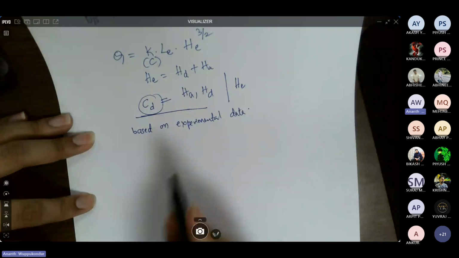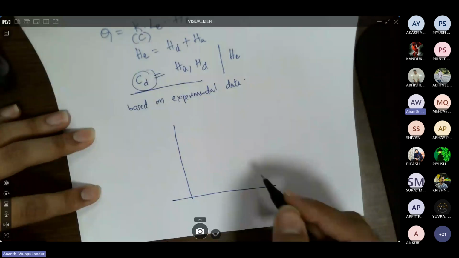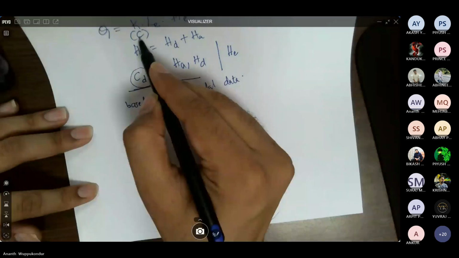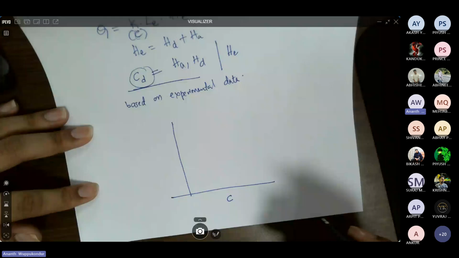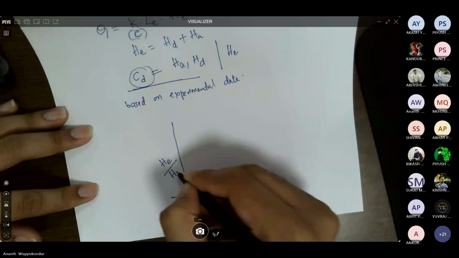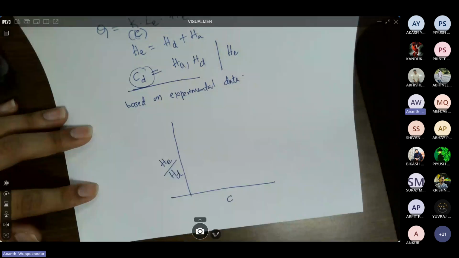Based on experiments by researchers earlier, they developed this curve of how this coefficient C changes with HE over HD. And usually it trends up like this.